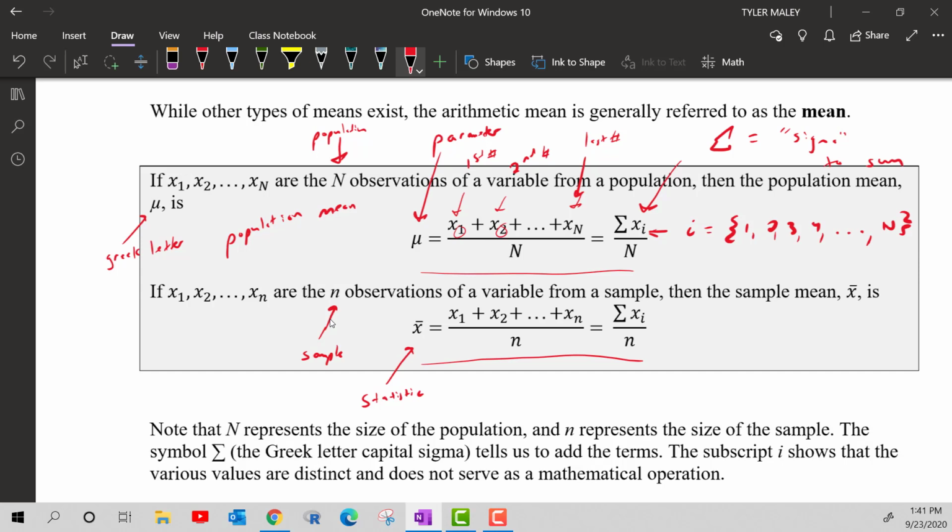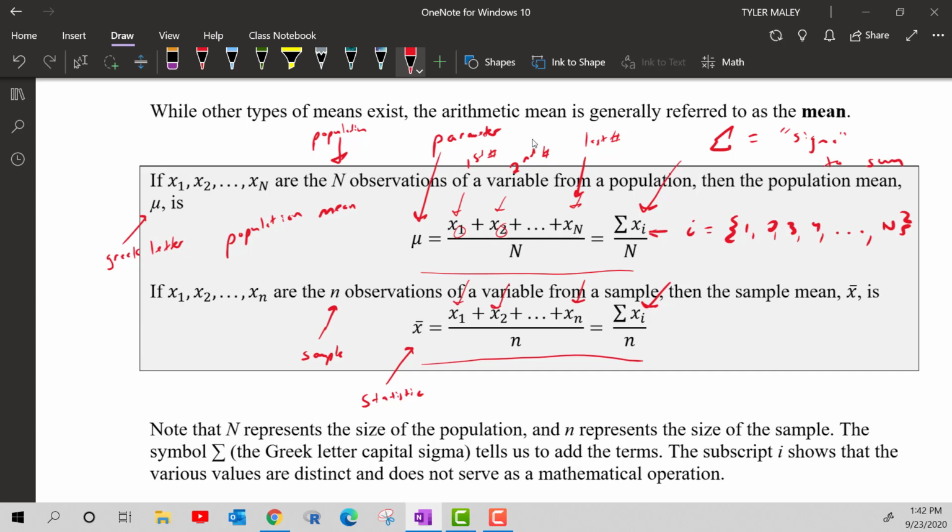And then the same thing would be true for the sample mean, calculating x bar. So notice, x sub 1 would be my first number that I have, x sub 2 would be the second, and then all the way up to x sub n, little n, would be adding up all the data values and then dividing by n. And then we can use this sigma notation, just like I described above, meaning the same thing.